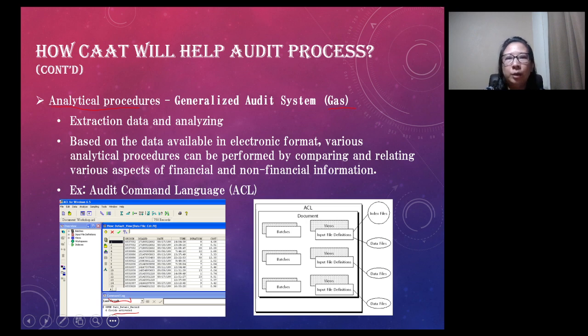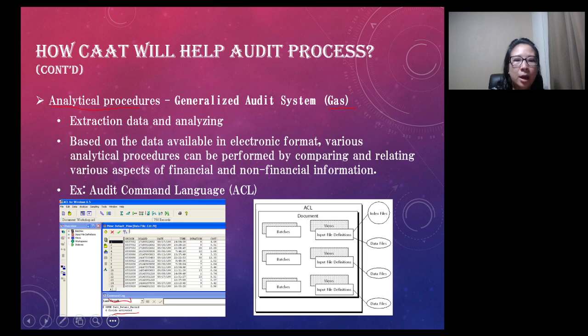For example, we can query what the average transaction is, and whether we find any unusual transaction value. If, for example, the average of our transactions is, let's say, 100,000, but then suddenly there is a transaction of maybe only 10,000, or maybe more than 1 million, it means there is some unusual transaction.